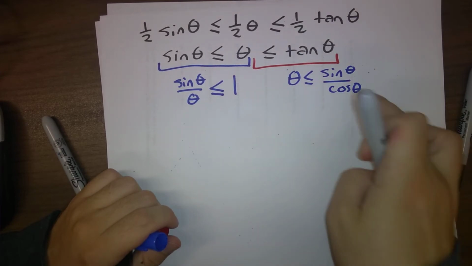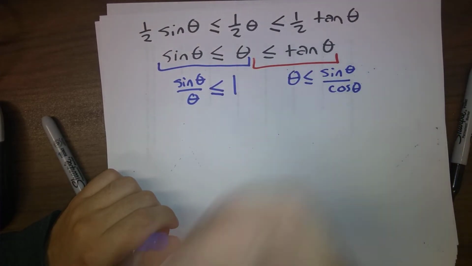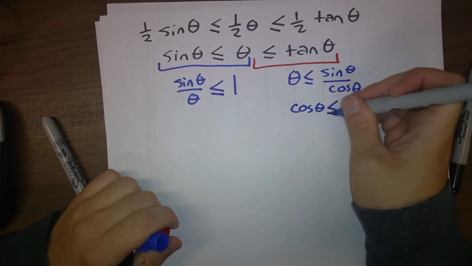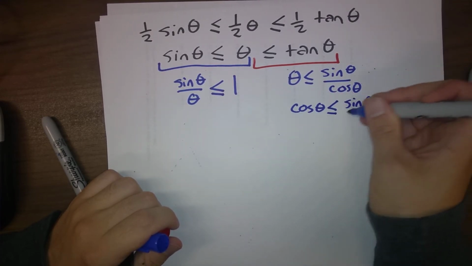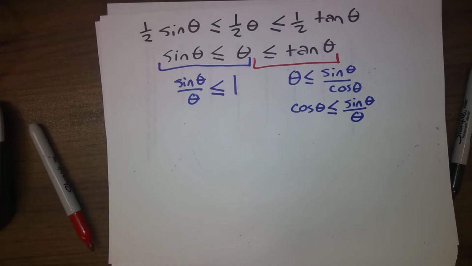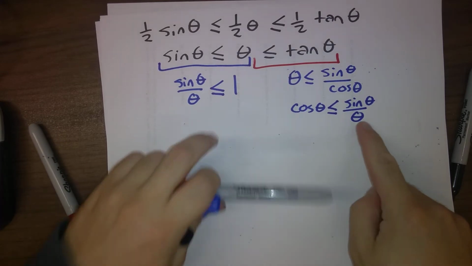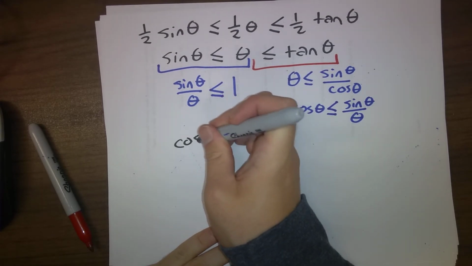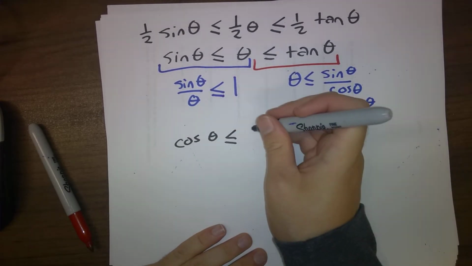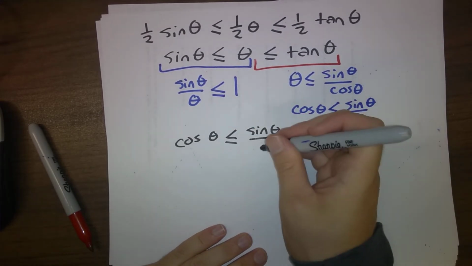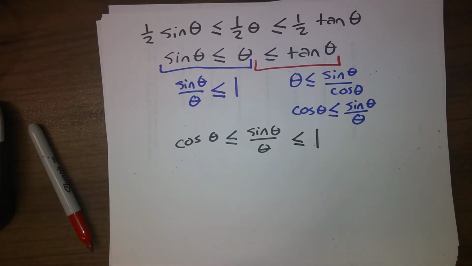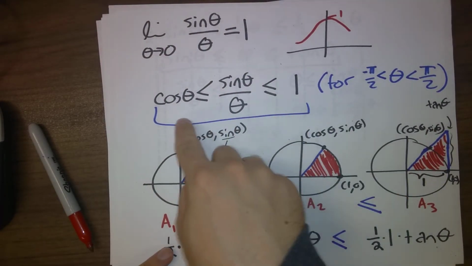And rearranging this one, moving the cosine up, moving the theta down, gives cosine theta is less than or equal to sine theta over theta. And so we can combine these two together to get cosine theta is less than or equal to sine theta over theta is less than or equal to 1, which is exactly what we wanted to have here.